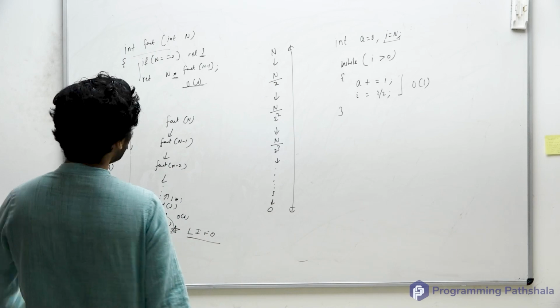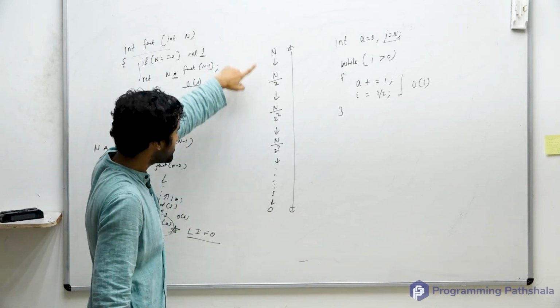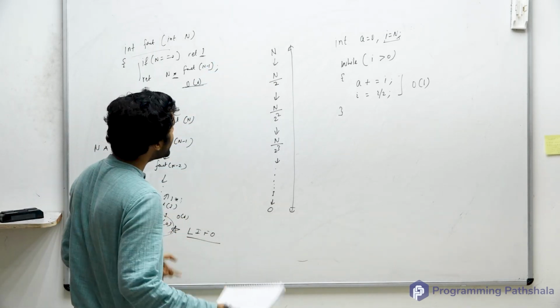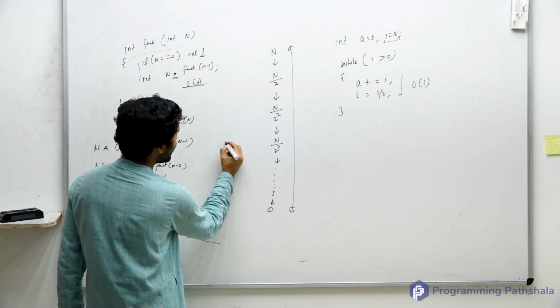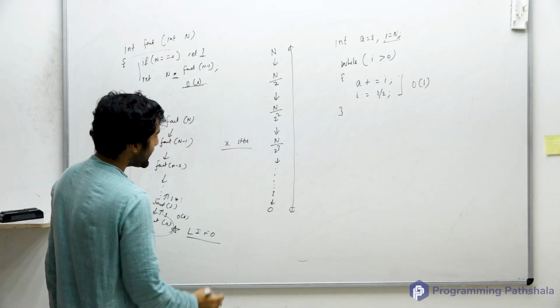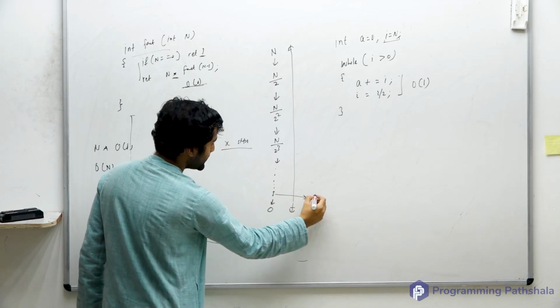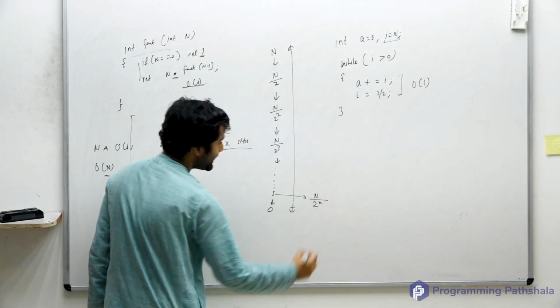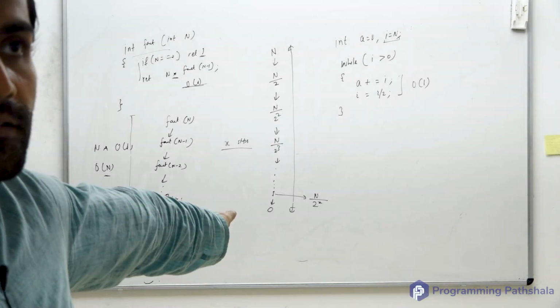Now how do I determine the height of this? How do I determine that? For that, let's say there are x steps. If there are x steps, can I say this last value, which is 1, would be n upon 2 raised to power x? I can say it approximately.